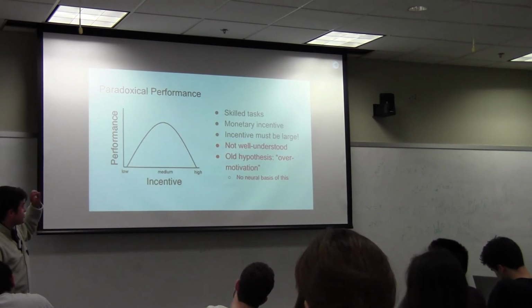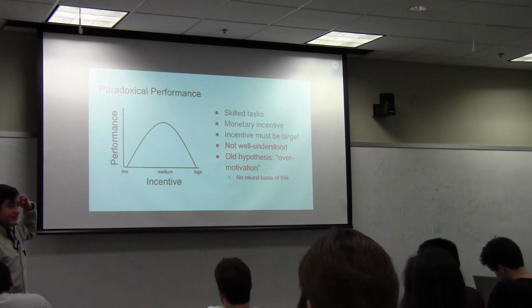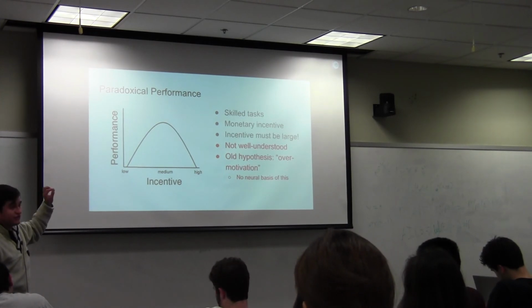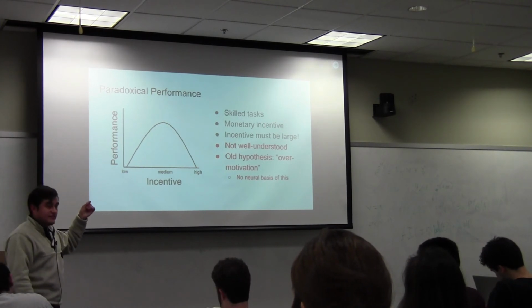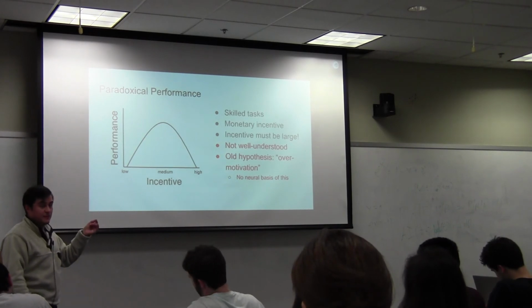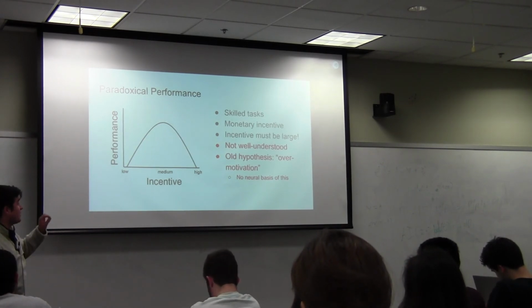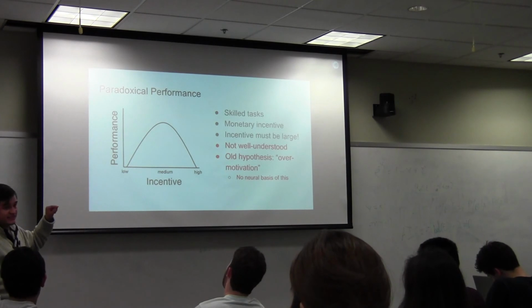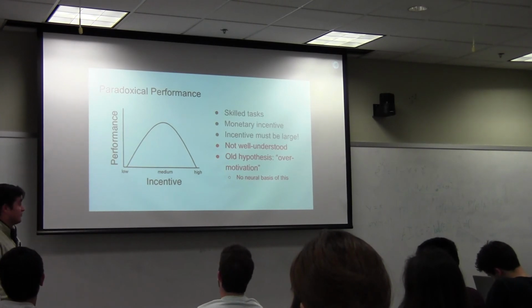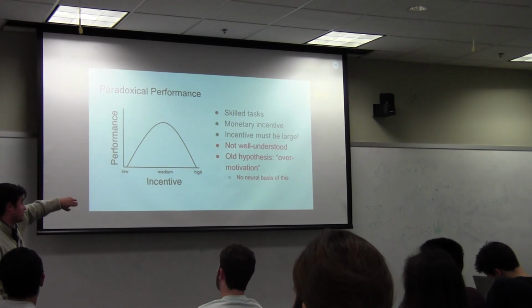Some things that I think should be made clear about this is they're only saying it occurs for skilled tasks, and specifically they were talking about a monetary incentive. It may apply to other incentives as well, like in the soccer example he was using, but the most important thing is that the incentive has to be large as well. To really put that pressure on, it has to be a skilled task with a large incentive. Otherwise, you probably wouldn't see this kind of parabolic shape.